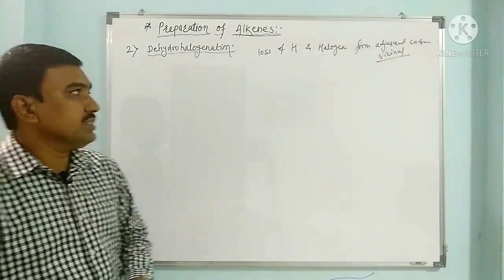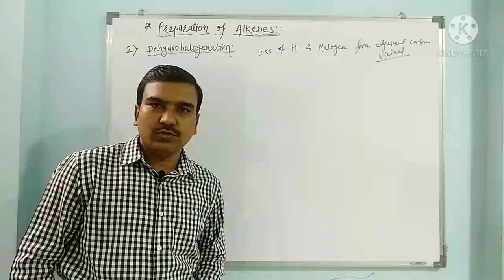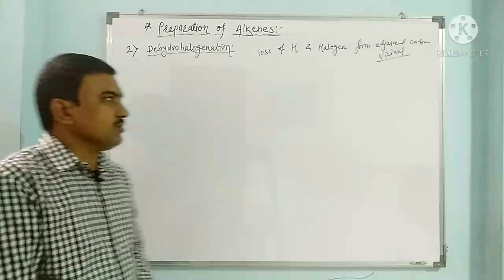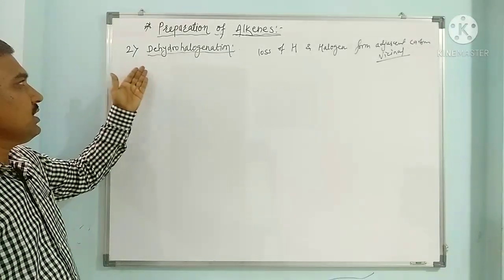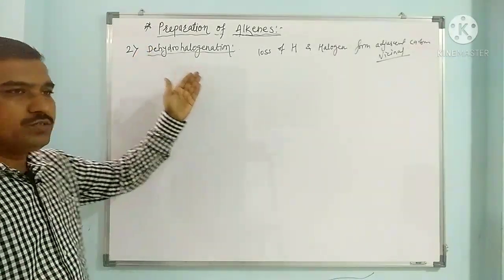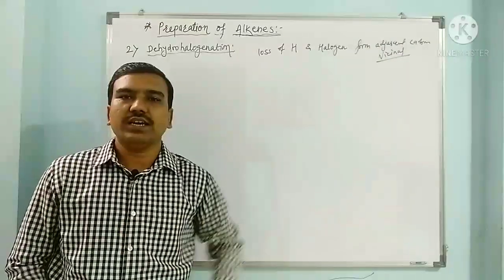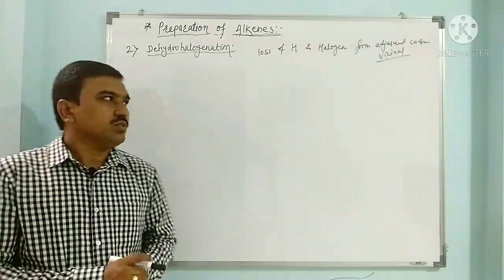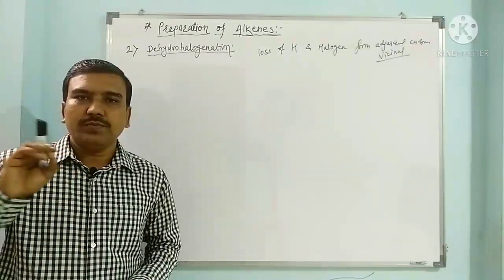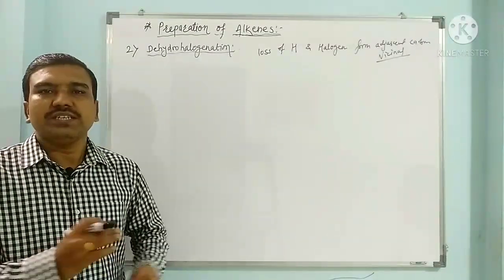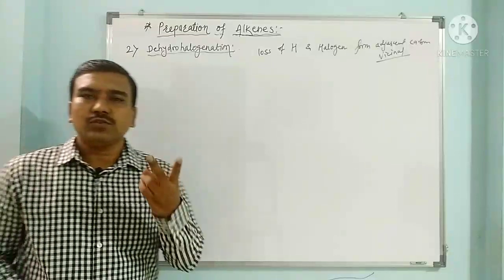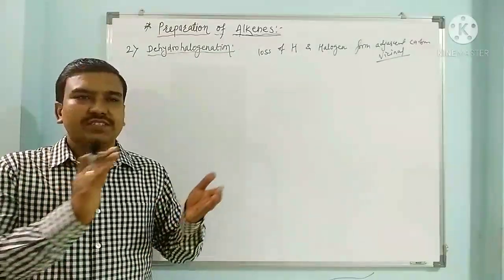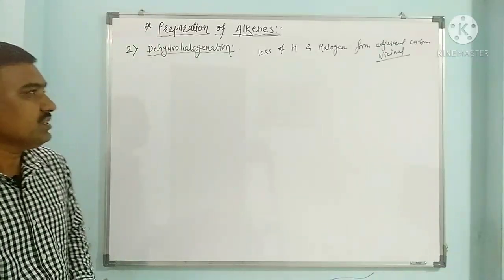The vicinal carbons lose two atoms or groups and a double bond gets formed between them. So when two atoms, hydrogen and halogen, are lost from the alkyl halide, it gives an alkene as a product in the presence of an alcoholic base. This reaction is an example of an elimination reaction. What is elimination? When two atoms or groups are lost from adjacent carbon atoms and give an alkene, it is called an elimination reaction.